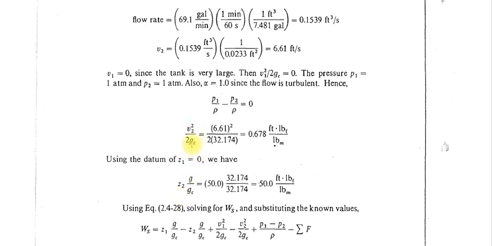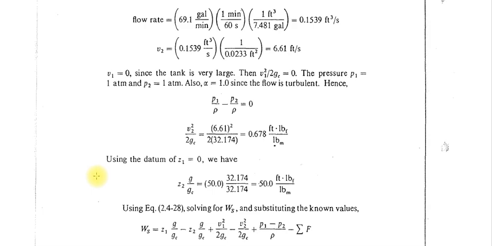So V2 square by 2GC, where GC is 32.174 and V2 is 6.61, the value we have calculated here. Just substitute this, and you will calculate the energy due to the kinetic energy at point 2, that is 0.678 ft lbf per lbm.